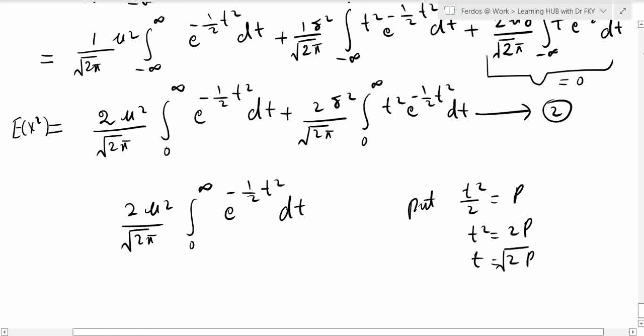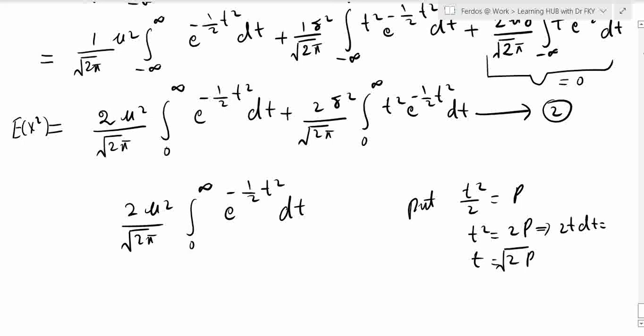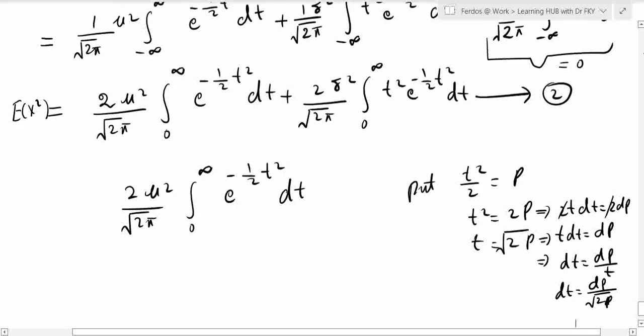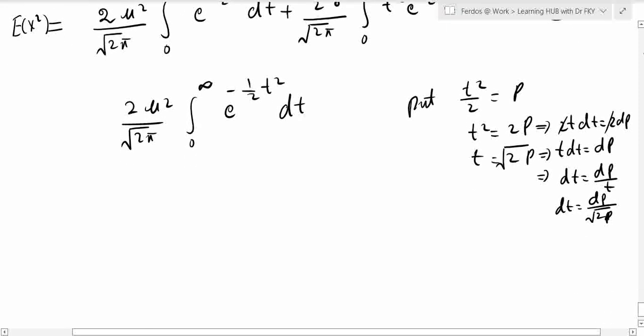Again you can calculate the integration from here: 2t dt equal to 2 dp, and now you can cancel 2 with 2, t dt equal to dp, and dt equal to dp divided by t, and dt equal to dp divided by square root of 2p. So just do this substitution and you will solve this equation.